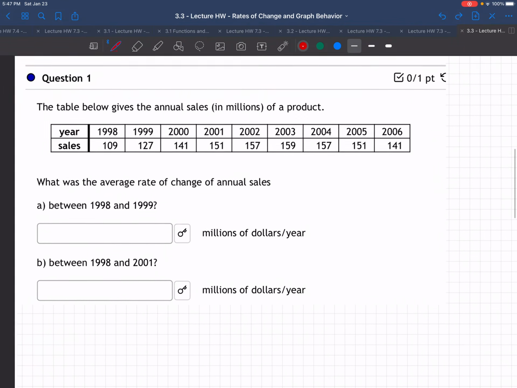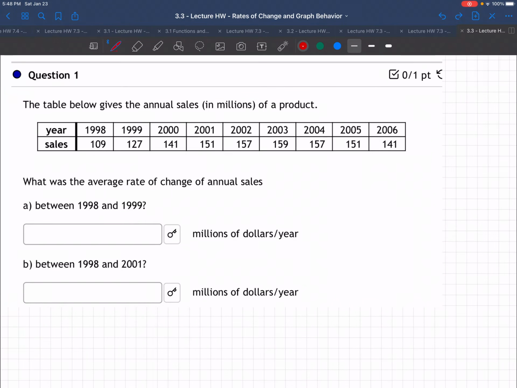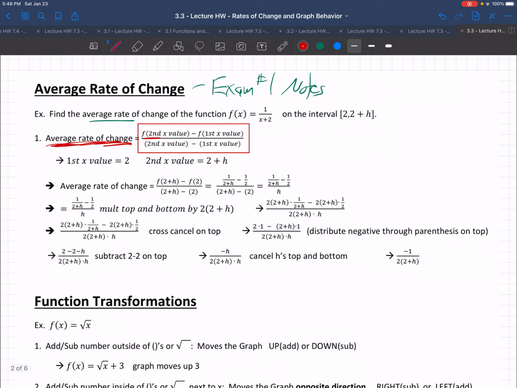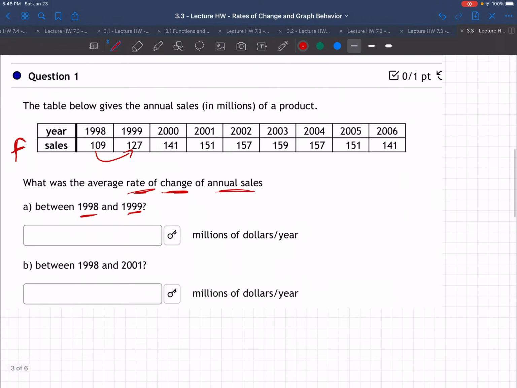So in other words, if we want to say what was the rate of change of sales between 1998 and 1999, well, sales went from 109 to 127 million. That's your function. Because up here in this example I mention a function, right? On the top, function. What's the function? Well, the function in this case is the sales.